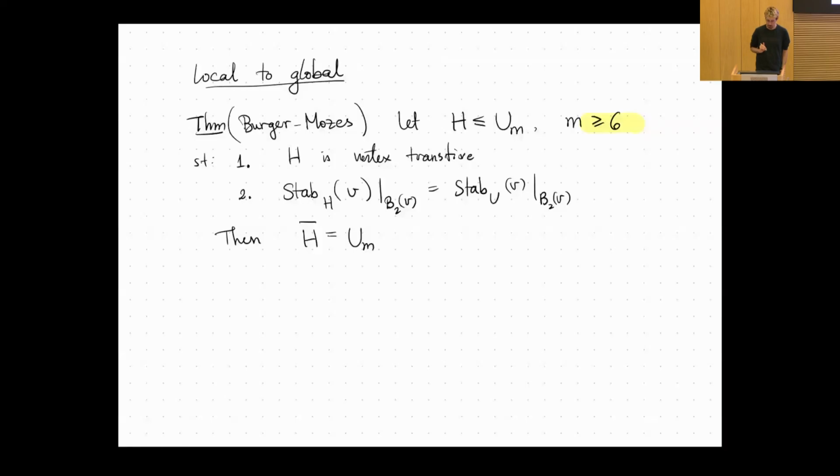By definition, BMWs are vertex transitive on the product of trees, obviously also on the projection to one of the trees. But what we need to check is that they satisfy this condition. So I get enough local behavior from H. Okay, and that's a very easy thing to do.